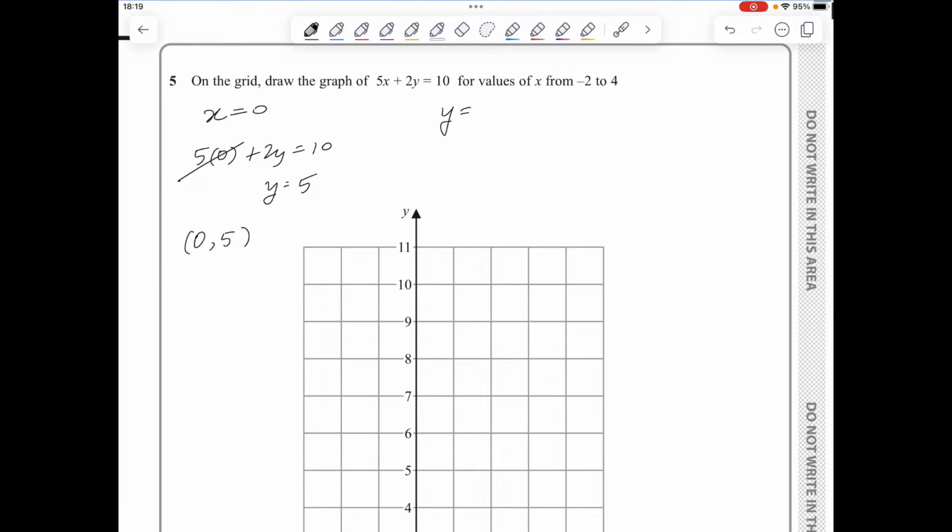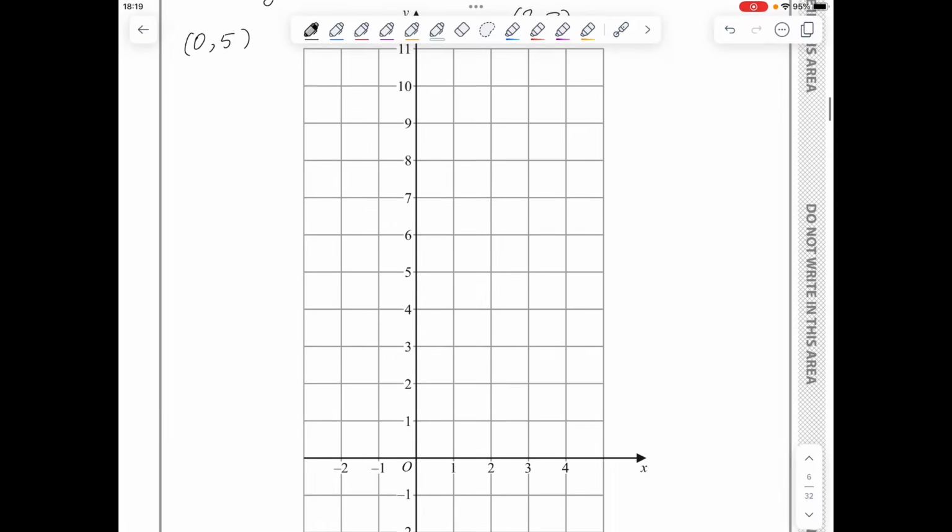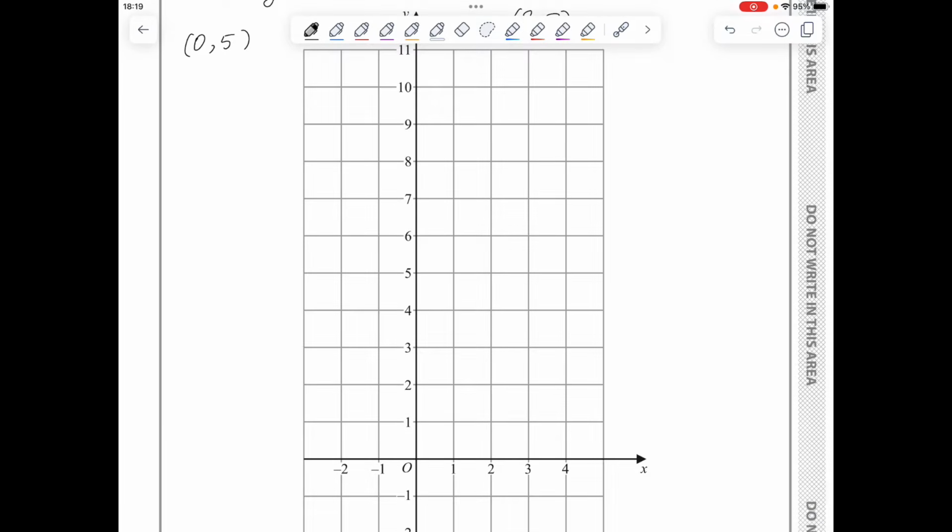And when y is equal to 0, I've got 5x plus 2 times 0 is equal to 10. This goes away. 10 divided by 5 comes out to be 2. So (2, 0) is the x-intercept. So now I can plot those 2 points and then join them with a ruler to get the required line.